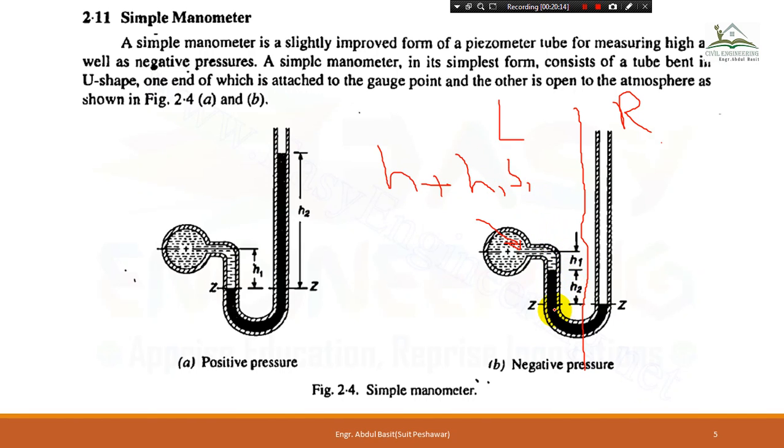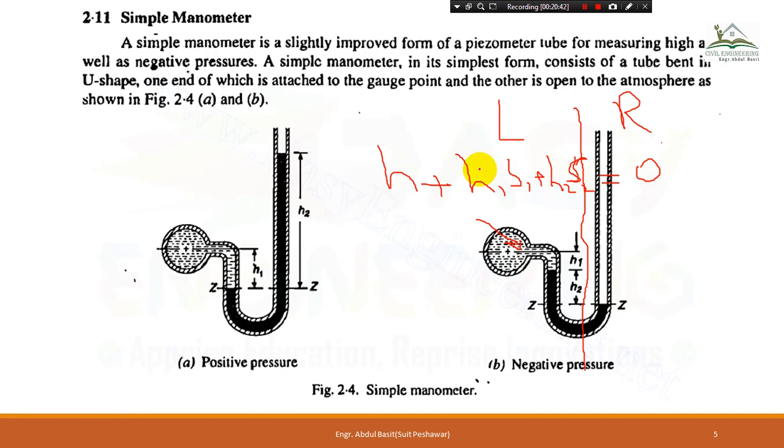Similarly, above H we have mercury as well, of height H2, so this is also in the left limb, and it will be H2 into S2. In the right limb there is no pressure above Z, so you can say this will be equal to 0.